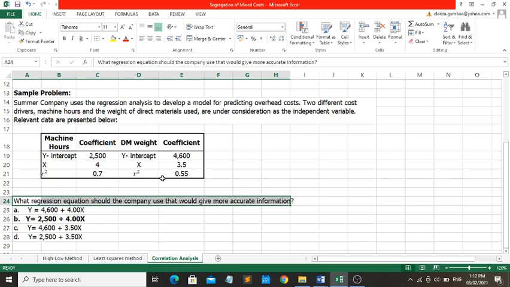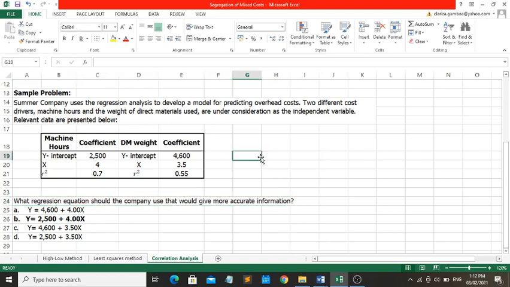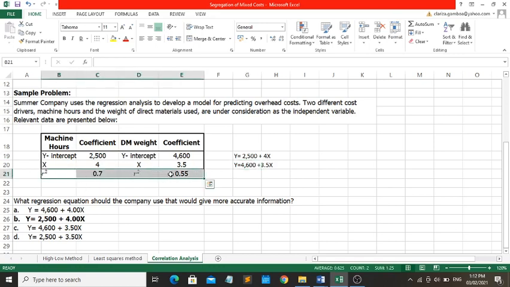So, para malaman mo kung saang regression equation yung mas magbibigay ng accurate information, 'di ba? Kumbaga, yan yung goodness of fit. So, ang titignan mo dito is yung coefficient of determination. Kung gaano ba yung kanyang strength or yung goodness of fit niya para magkaroon tayo ng mas accurate or mas tama yung mako-compute nating total cost. So, based dito sa machine hours kasi, we can have the cost formula na 2,500 plus 4x. Okay? Dito naman sa kabila, direct materials weight, we can formulate cost function 4,600 plus 3.5x. Okay. So, ano yung titignan natin? Parehas cost function. Tignan natin yung kanilang coefficient of determination. Sa machine hours, meron daw 0.7.